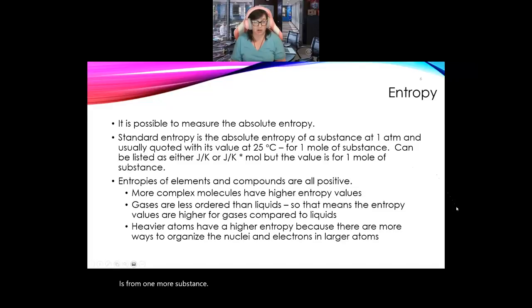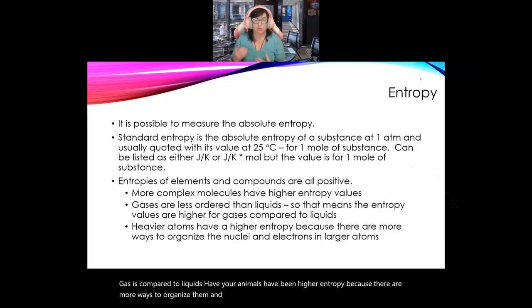Entropies of elements and compounds are all positive. More complex molecules have higher entropy values because there are more ways that it can exist. Gases are less ordered than liquids, so that means the entropy values are higher for gases compared to liquids. Heavier atoms have a higher entropy because there are more ways to organize the nuclei and the electrons in that, so those values are larger. Okay.